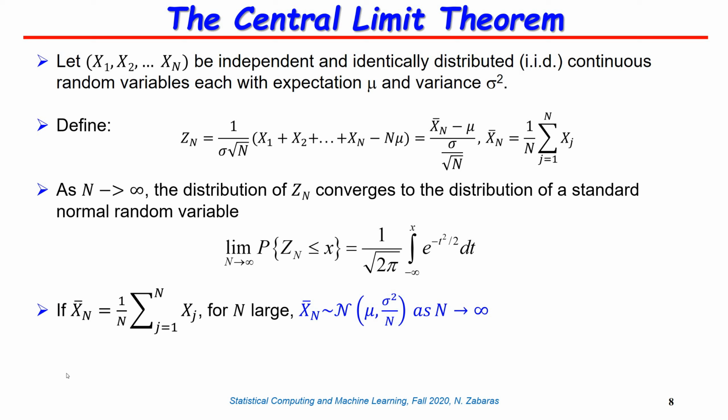But if you take the sample mean, then the sample mean follows a Gaussian distribution. Before, we showed with the law of large numbers that the sample mean approaches, in probability and in strong form, the true mean of the distribution, but now we see that as n goes to infinity, the way that the sample mean approaches mu is with an error, if you like, or a variance, that's of the order of sigma square over n.